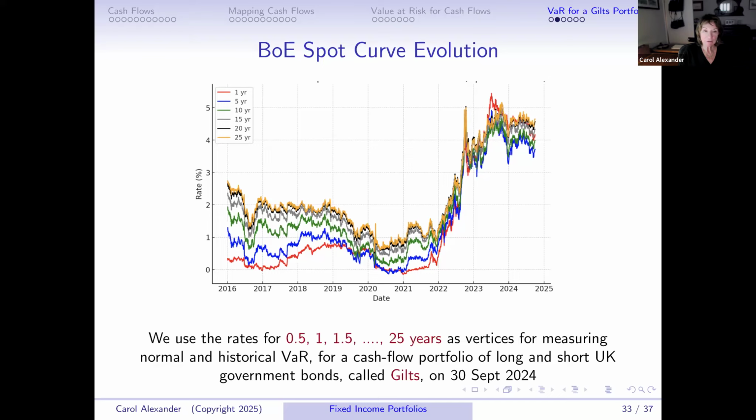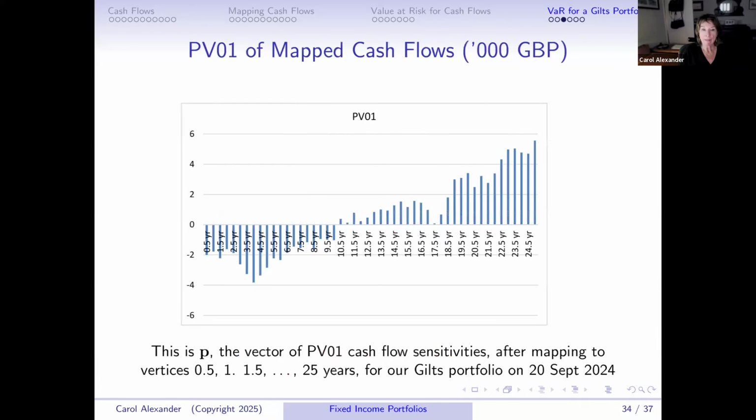This evolution just picks out 1, 5, 10, 15, 20, 25 years, but actually the risk factors we choose are going to be 50 different risk factors at 6 months, 1 year, 18 months, and so forth. And this is the PV01 vector of cash flow sensitivities after mapping to these vertices.